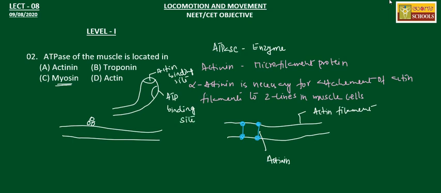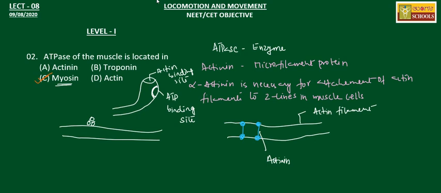This is the point where the ATPase enzyme activity is seen. That's the site on myosin. The myosin head consists of these two parts. So the answer is myosin: ATPase of muscle is located in myosin.